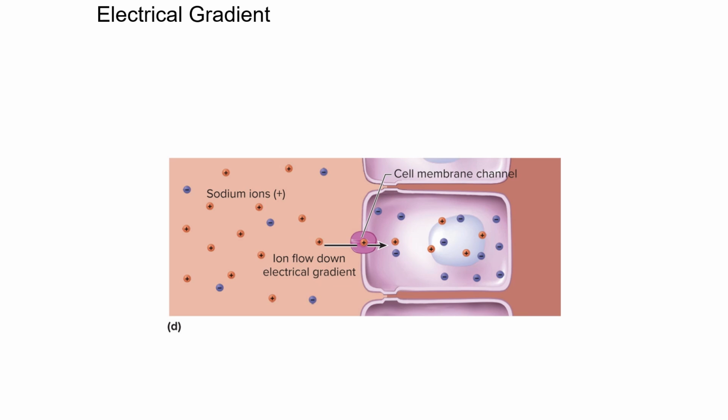What happens with an electrical gradient is that you have to consider positively charged items. It can be ions, full molecules, right? And our positives here are in orange. And we have to consider negatively charged ions, molecules, and we have to consider their relative abundance.